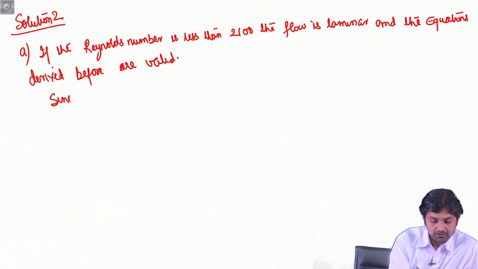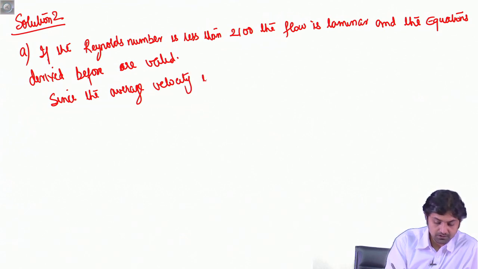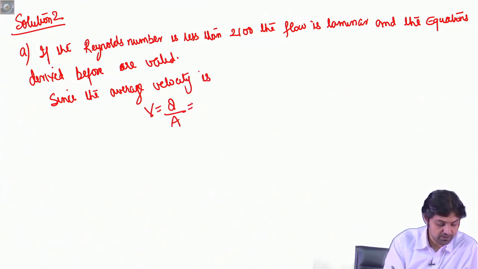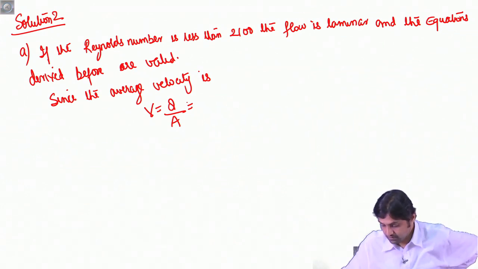Since the average velocity is v is equal to Q by A.